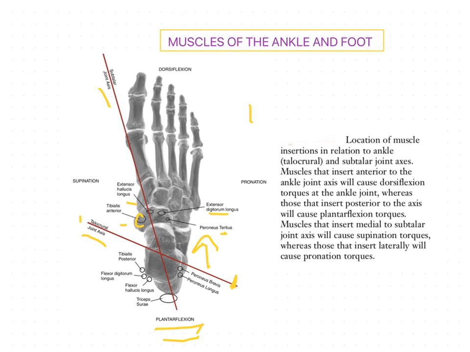What are the muscles we can see here? Triceps surae, tibialis posterior, flexor hallucis longus, flexor digitorum longus, peroneus brevis and longus. All of these have some function in plantar flexion.